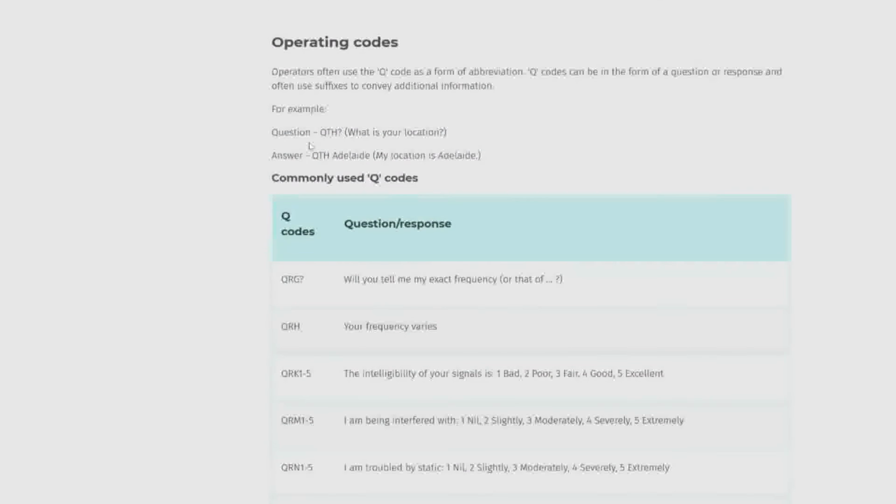Q codes can be expressed as a question or as a response to a question. So QTH question mark means what is your location. QTH followed by a location means you are providing your location.